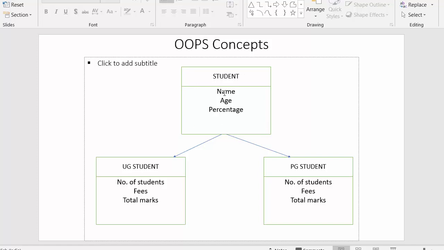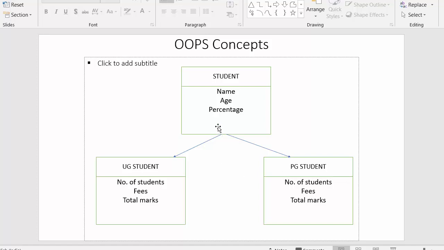From that class I'm inheriting the UG student class and the PG student class, and now these UG and PG student classes, apart from having their own data members, can get access to the data members of their parent class or base class. With this you can observe I have reduced the work of declaring these three data members again in the UG class and PG class.